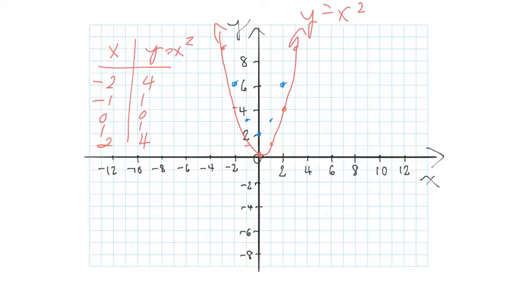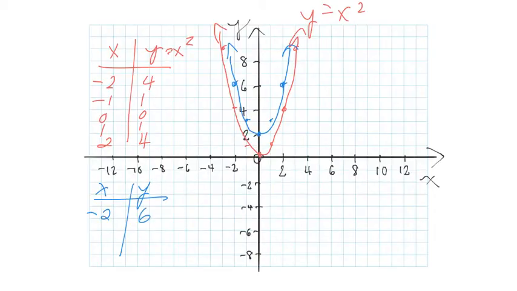Here we go. Oh, that wasn't very good. I'll try again. Oh, that was a little better. Okay, so each point on the parent has moved up 2 units. Okay. So again, if I go into my table of values and I use my graph, I see that when x is negative 2, my y value is 6.